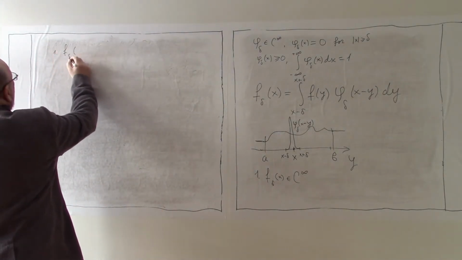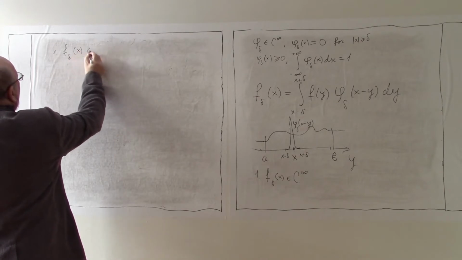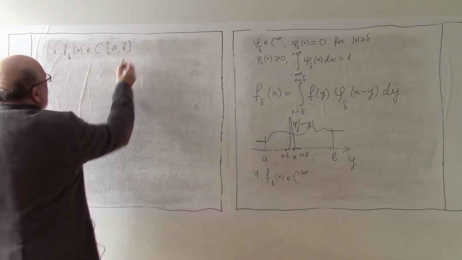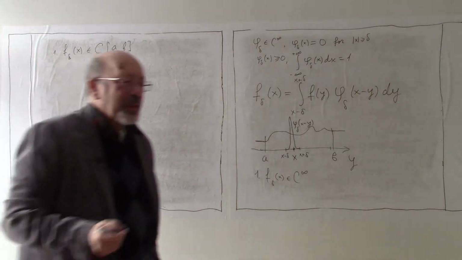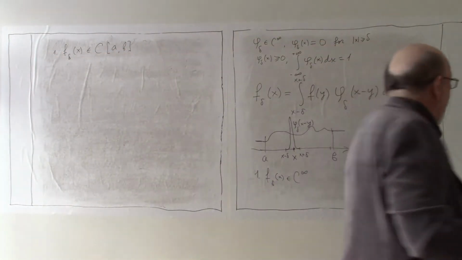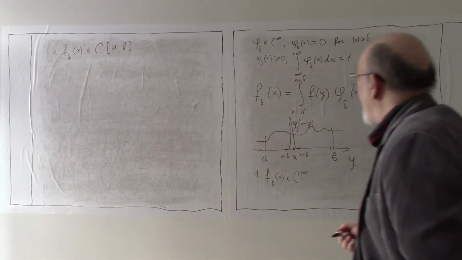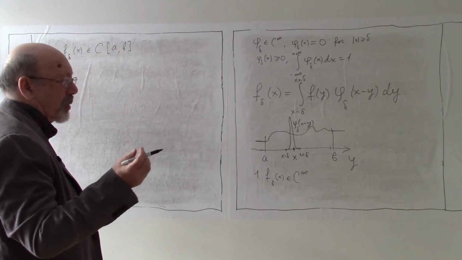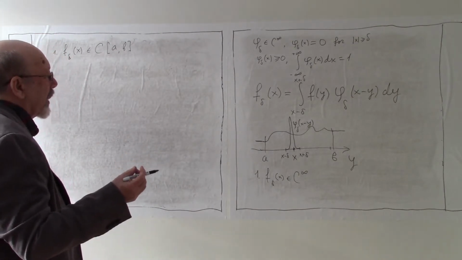F delta of x is continuous. And to prove that it is continuous, we have to find the difference between the values of this function at two nearby points.